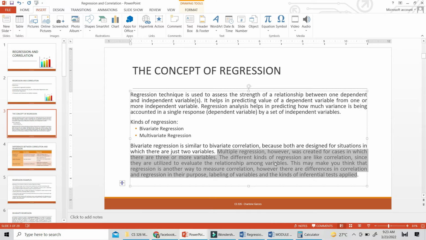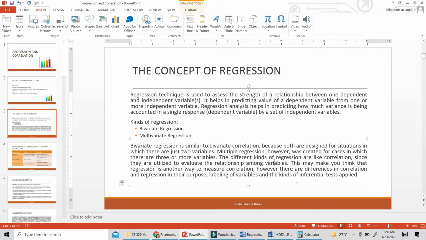There are different kinds of regressions, like correlations, since they are utilized to evaluate the relationship among variables. Whatever happens with the independent variables will be reflected in the dependent variable. Later on you will understand what that is all about.